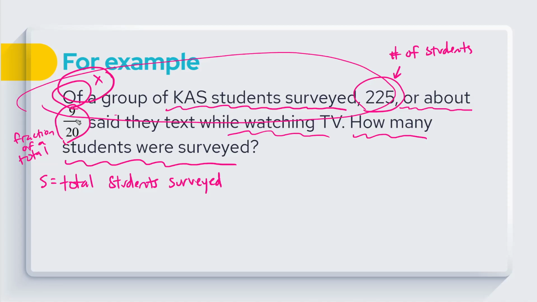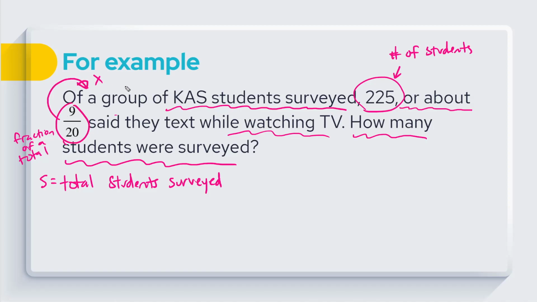That's what's implied here when they say 9/20, that from the total amount, 9/20 is a fraction of that group here. I'm going to delete some of this stuff. Here we go. Okay. 9/20 of our group of KAS students. So that's what you multiply, 9/20 of the total students. And that gives you 225.